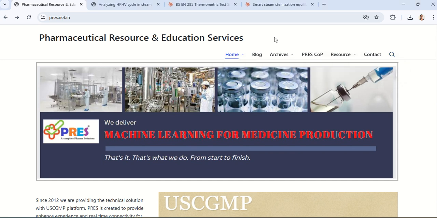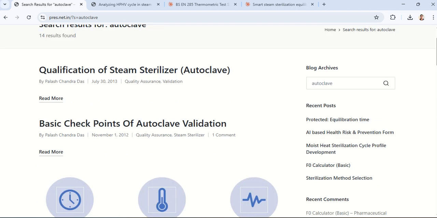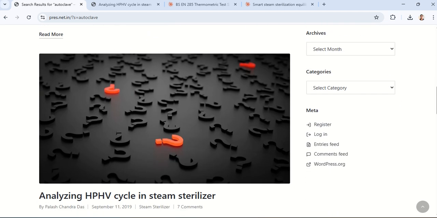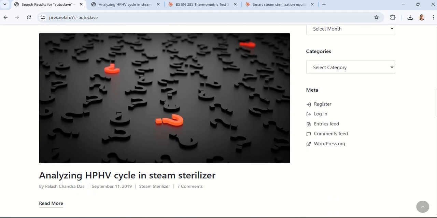So you need to go to my website, but don't really bother about searching or remembering the name. You could just search with autoclave, and then you will find a list of blogs appearing. Look for this photo and click here, analyzing VHP cycle.